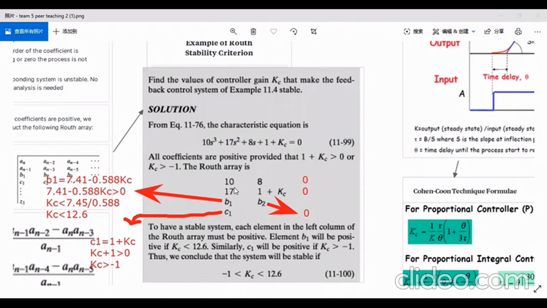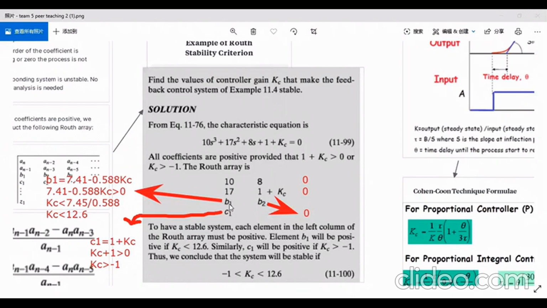The second term is in the first column of the second row, and the third term and the fourth term are situated like that. And B1, B2, C1 are your unknown parameters that you need to calculate. So B1 can be decided as what I mentioned earlier with the equations.